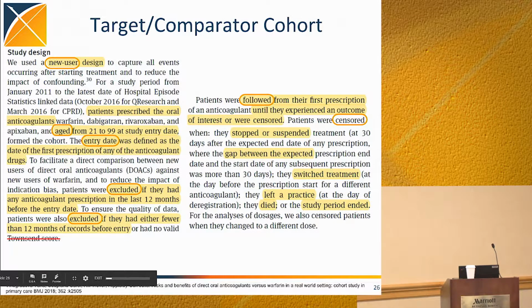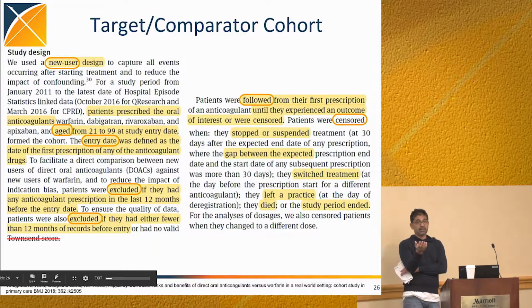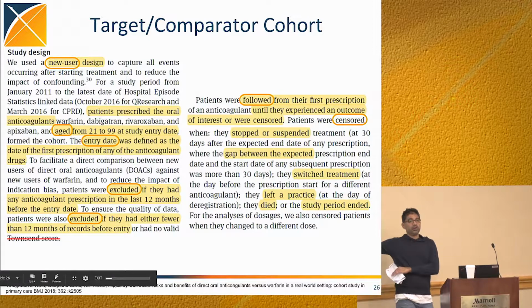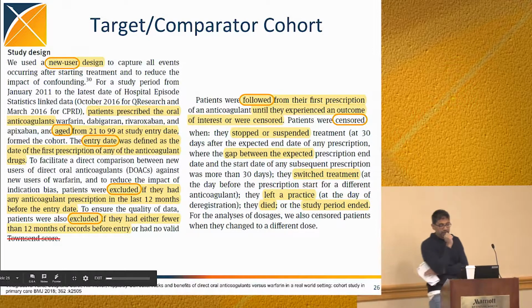Censored would mean they left. Died, left. That means we don't know anything about them. We are done, right? And what does it mean by experiencing an outcome of interest? An adverse event. So if they have an outcome, once they have it, we're not going to look at them anymore. They're done. Okay, perfect.